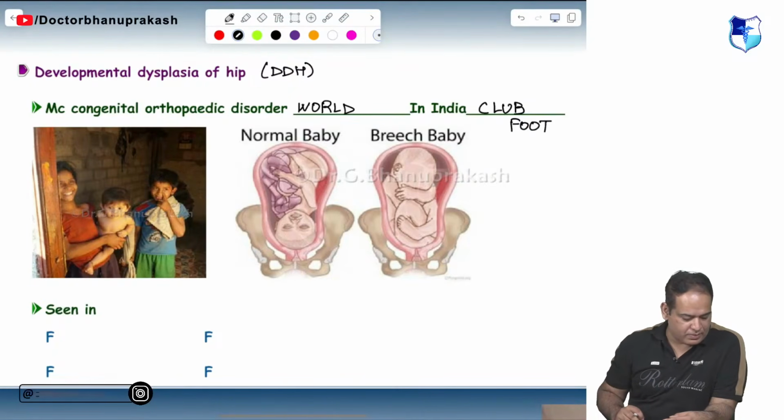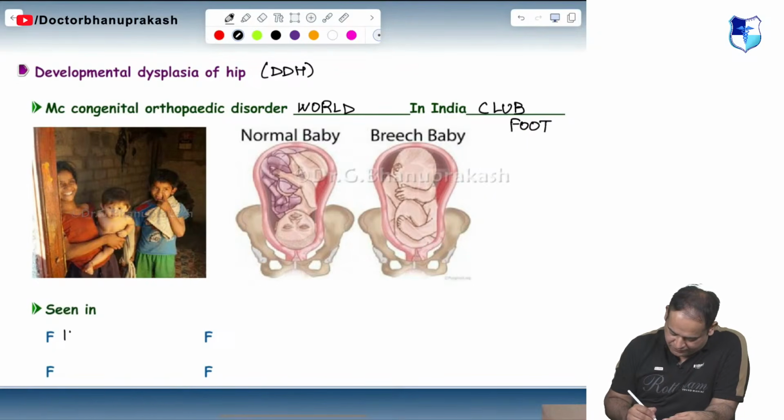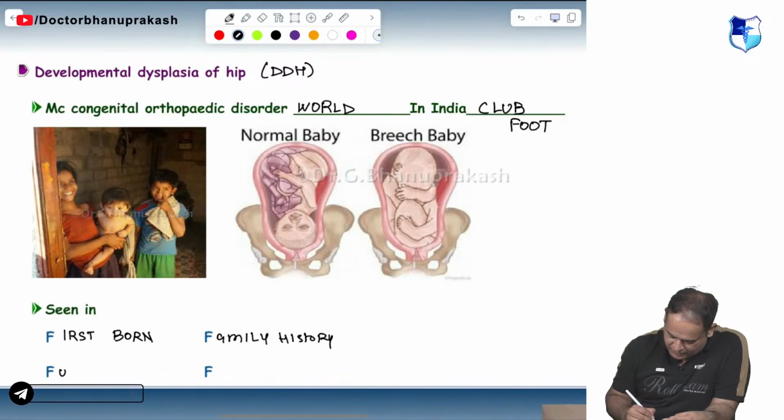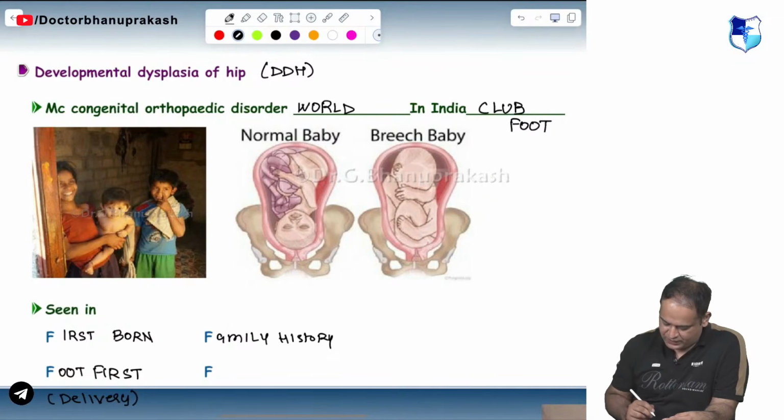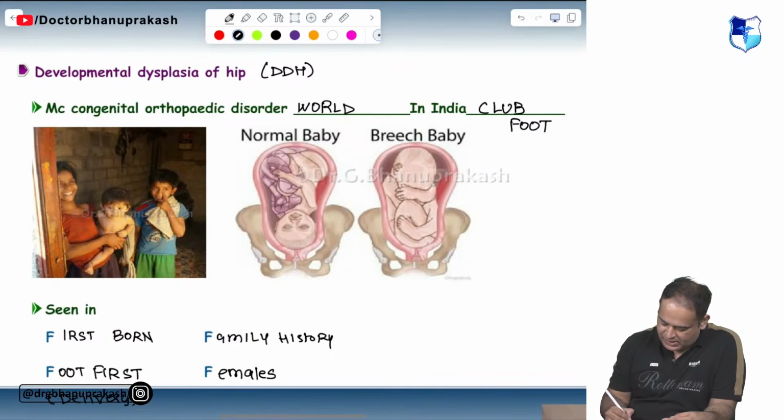In India, most common disorder is club foot, right? Now, there are several risk factors. This is seen in firstborn. This is seen if there is family history. This is seen in foot first delivery, that is breech delivery, and it is seen in females.